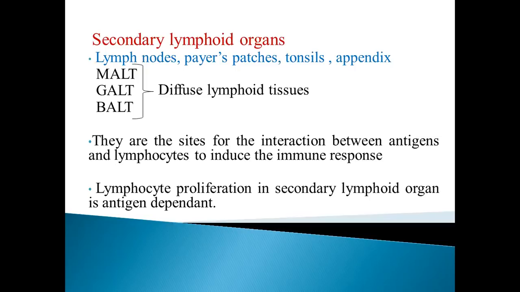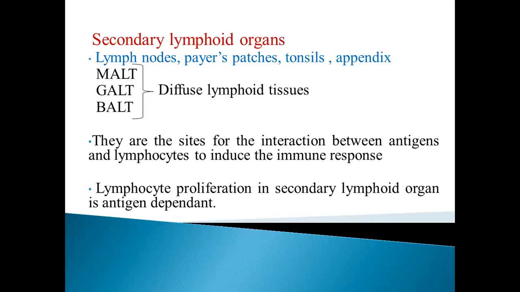The secondary lymphoid organs present in our body are lymph nodes, Peyer's patches in the intestine, tonsils, and appendix. Also, there are diffuse lymphoid tissues related to different organs, like MALT, mucosa associated lymphoid tissue, GALT, gut associated lymphoid tissue, and BALT, bronchus associated lymphoid tissue.